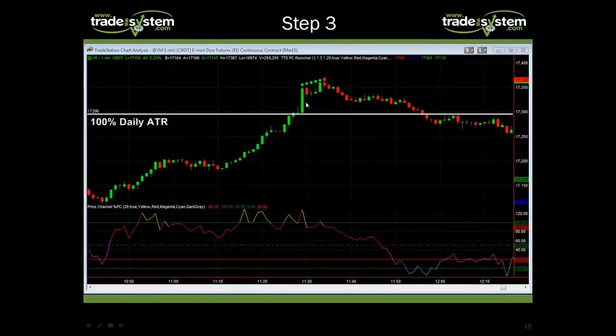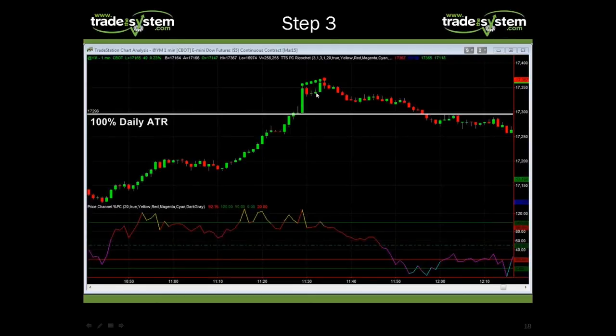Let's talk about what this particular area has above the fact that we're sitting here with a divergence on the indicator. Under this scenario, the 100% ATR came in at 17,296. This top came in at about 17,350.